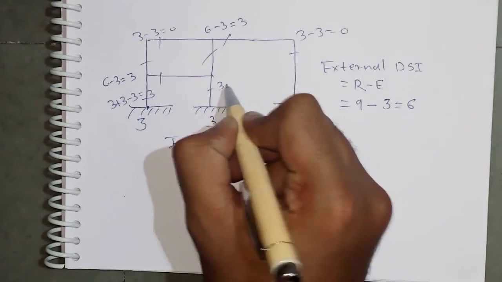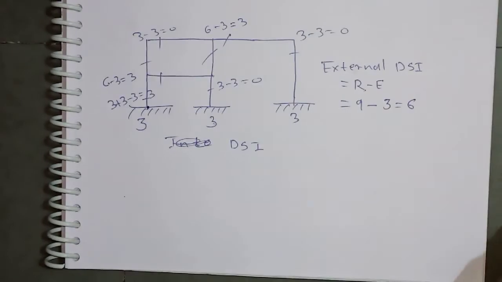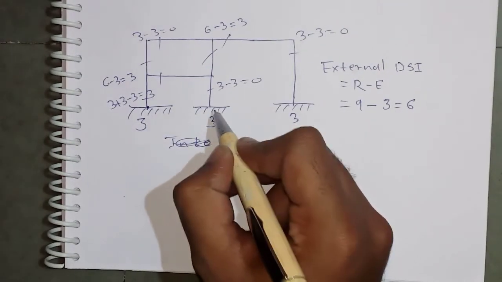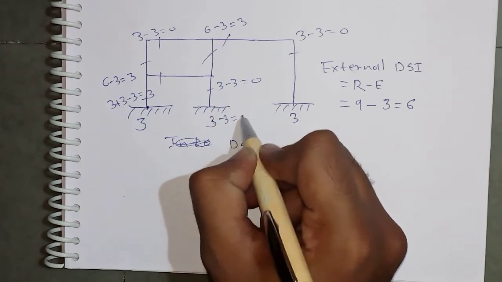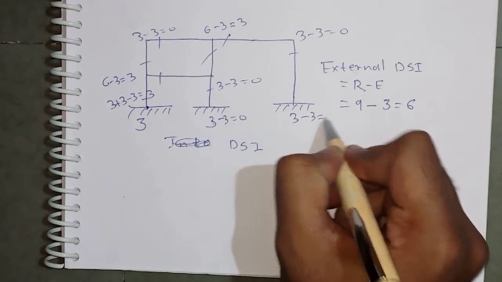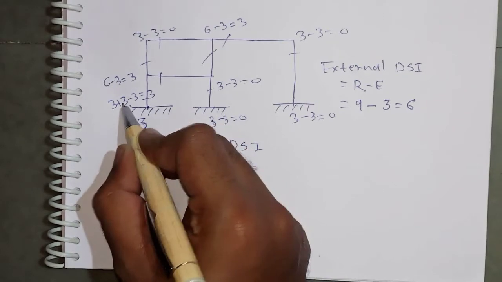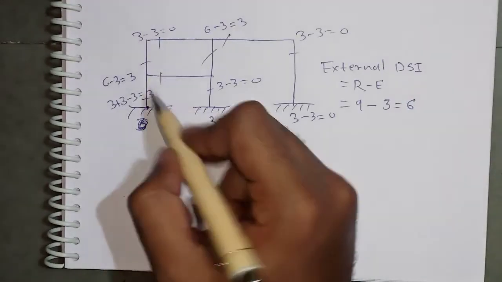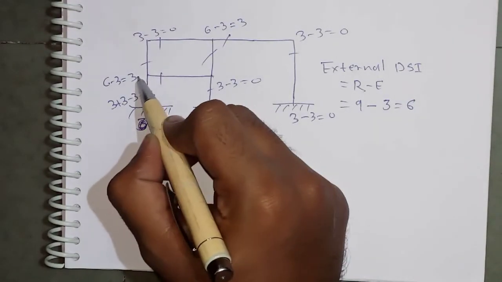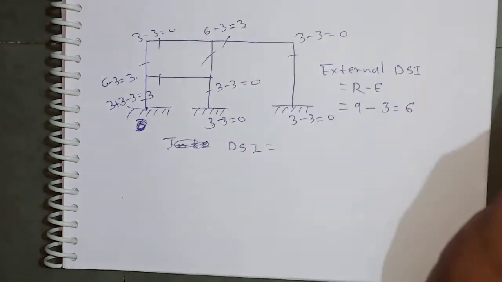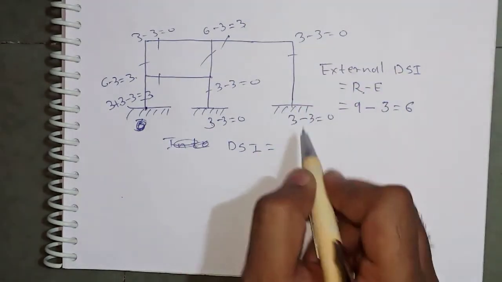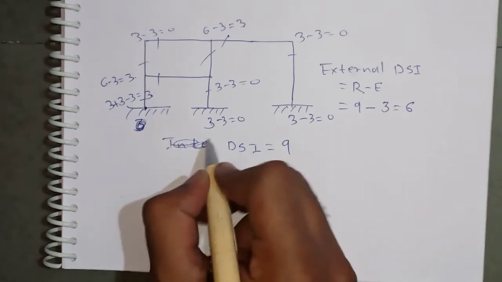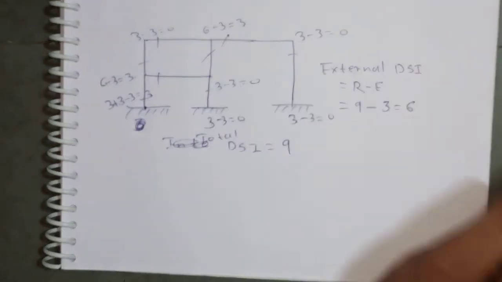Here again 3 minus 3 equal to 0. At this joint, 3 reactions minus 3 equal to 0. 3 minus 3 equal to 0. This we have taken over here. So adding all this we get 3 plus 3, 6, plus 3, 9, plus 0 plus 0, so total 9 DSI. Total DSI will be equal to 9.